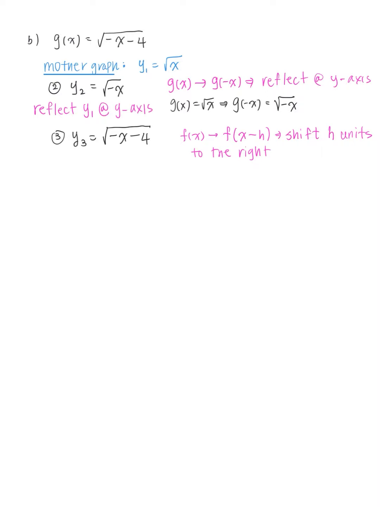Okay, so let me just write this out. So here what we're going to do is shift y sub 2 by 4 units to the right. So this is horizontal shifting. Okay, so I think we're good to go. So let's start graphing this out.